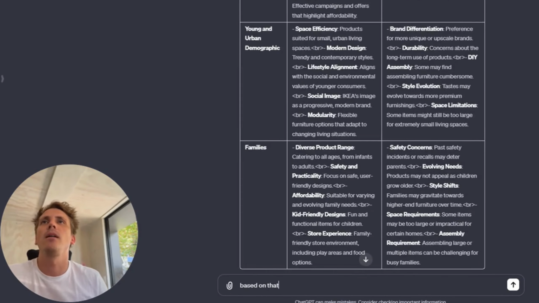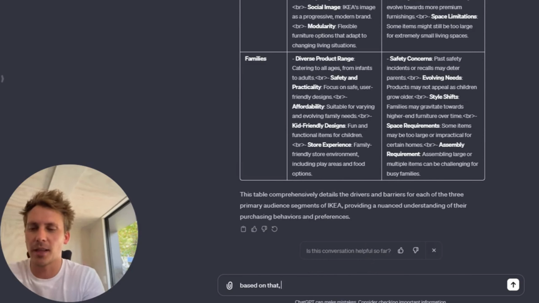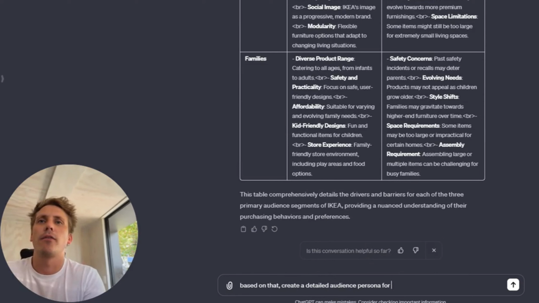Let's pick the cost-conscious consumer. Based on that, create a detailed audience persona for cost-conscious consumers.